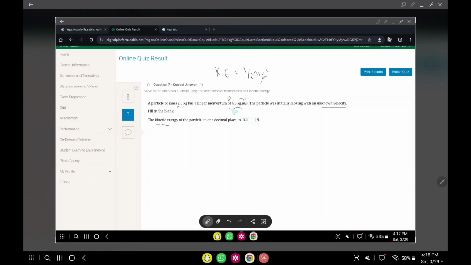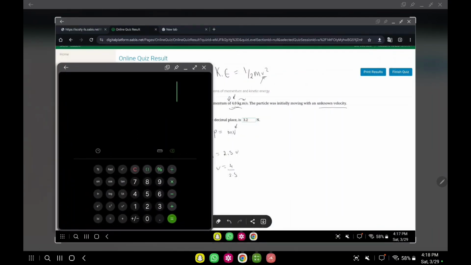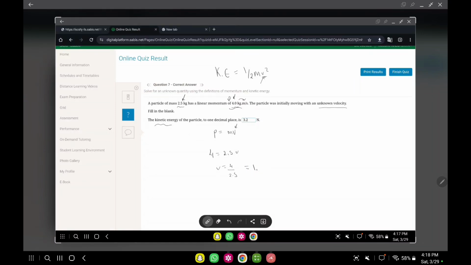Can I find it? I know that p is equal to mv, and we have the mass and we have p, so we can easily find v. So 4 is equal to 2.5 v, so v is 4 divided by 2.5, which is 1.6 meters per second.